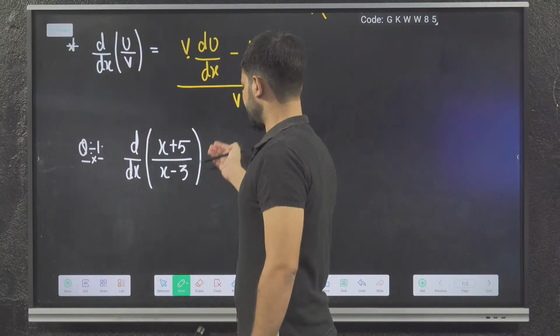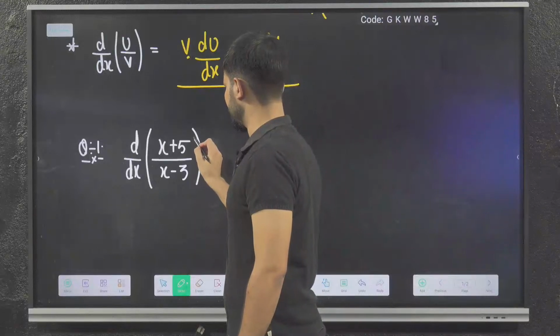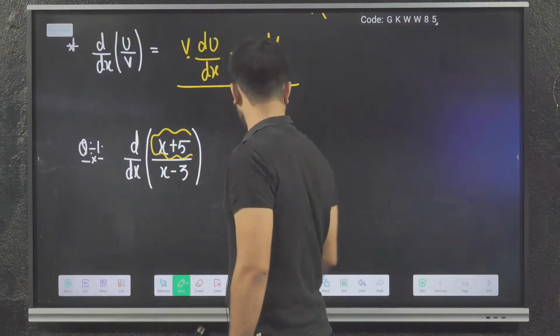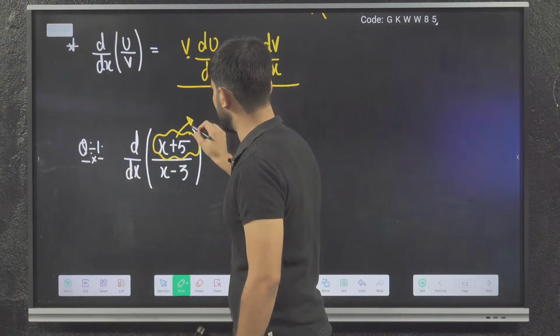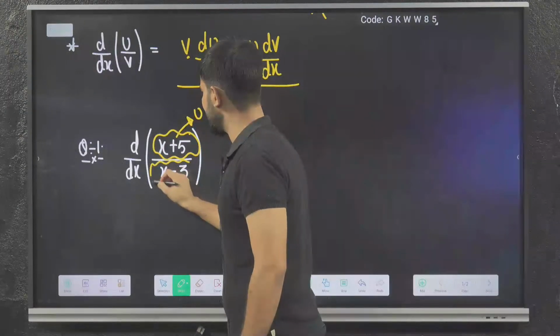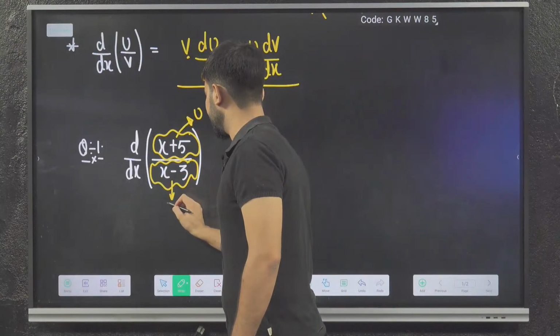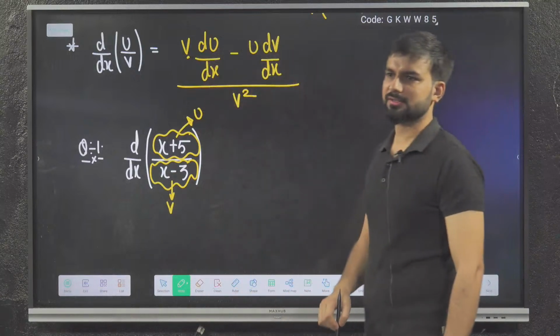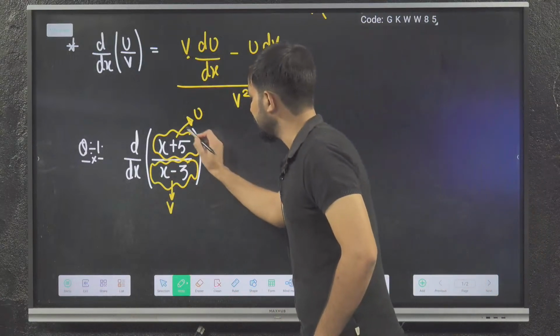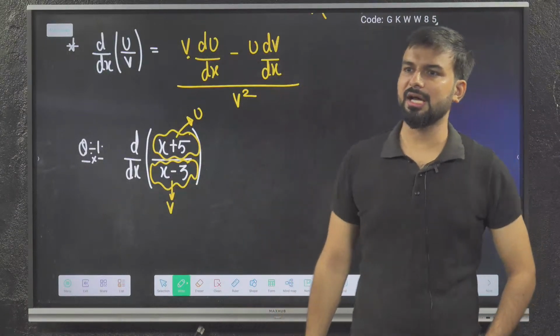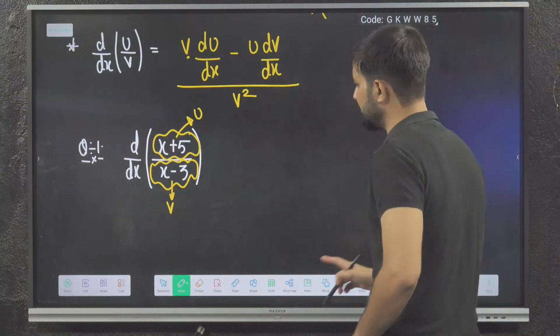What will be your v? I'm assuming this to be u, and this to be v. This yellow encircling I have done to make you understand that this is my u, this is my v.